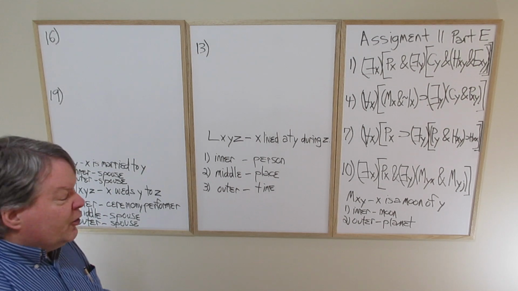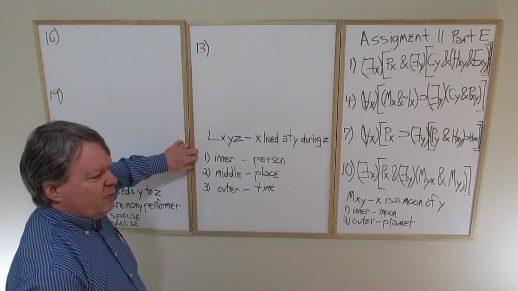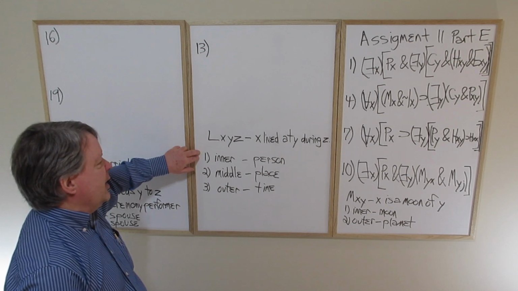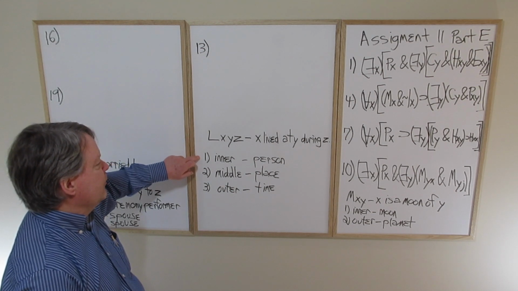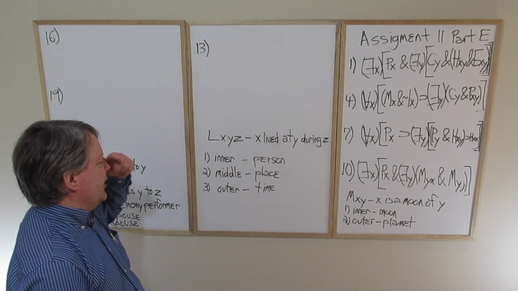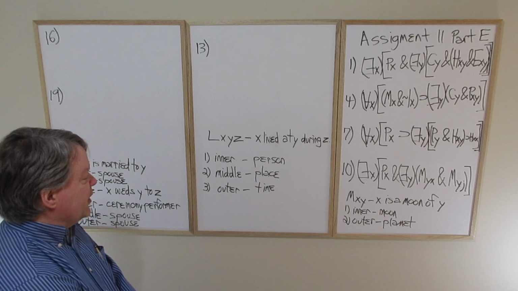So, as you're going to see in just a moment, it's very worth our while to pause and get crystal clear on what's indicated here. Whatever goes in the innermost slot of this three-place relation is the person.